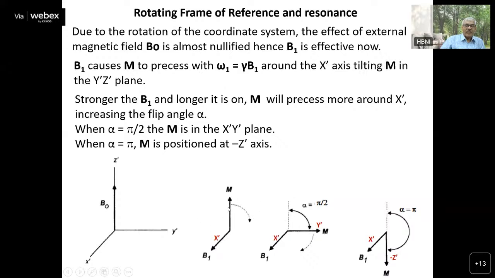When this M reaches the Y prime axis, the angle is pi by 2. When this alpha is 180 degrees, the magnetization reaches the minus Z prime axis. So it depends on how long you are applying the B1 field. It depends on the B1 field strength as well as the time.